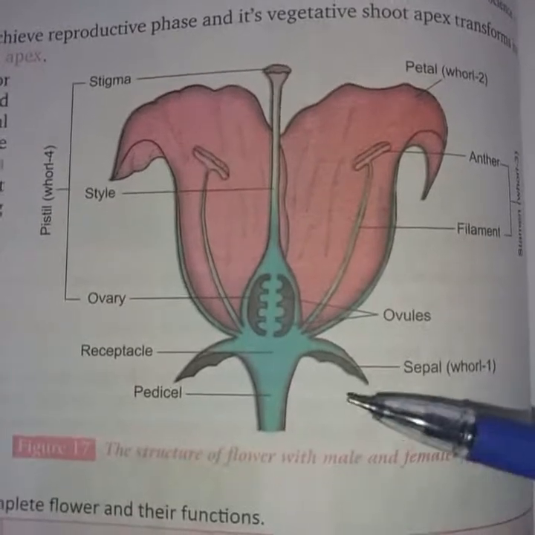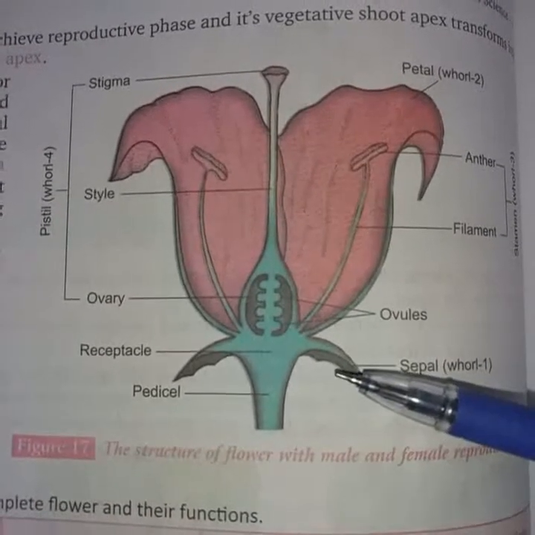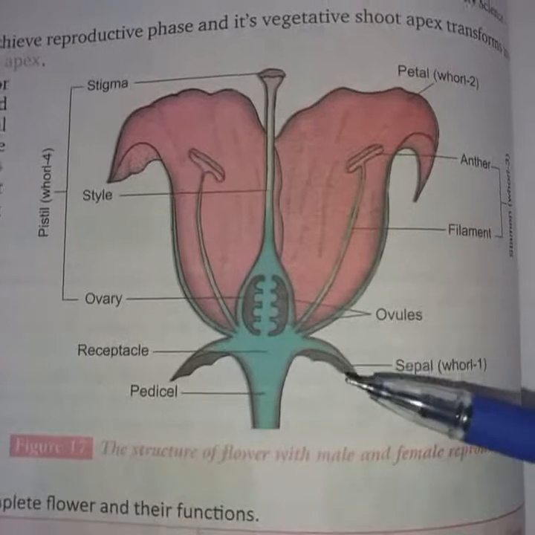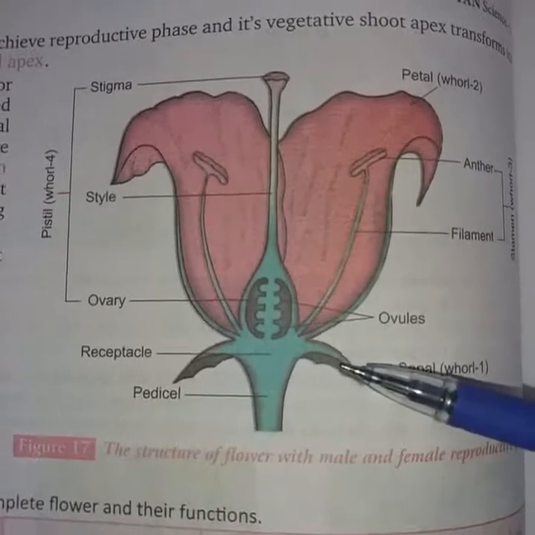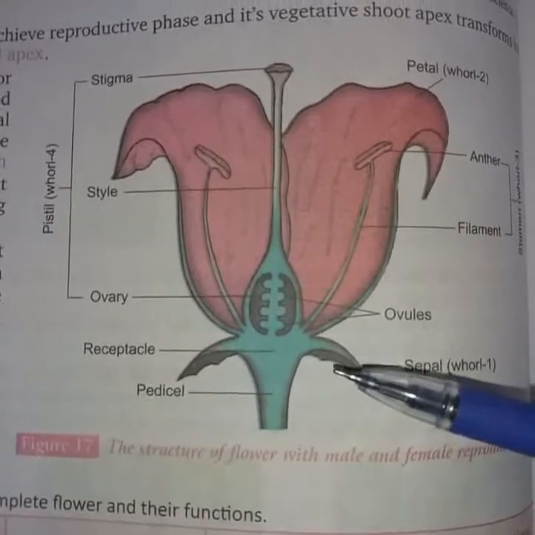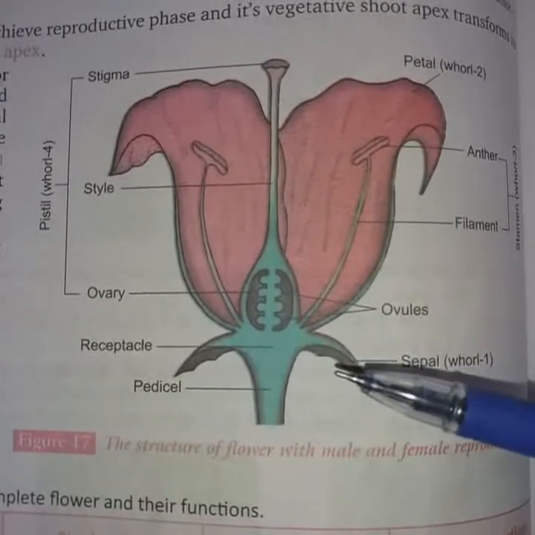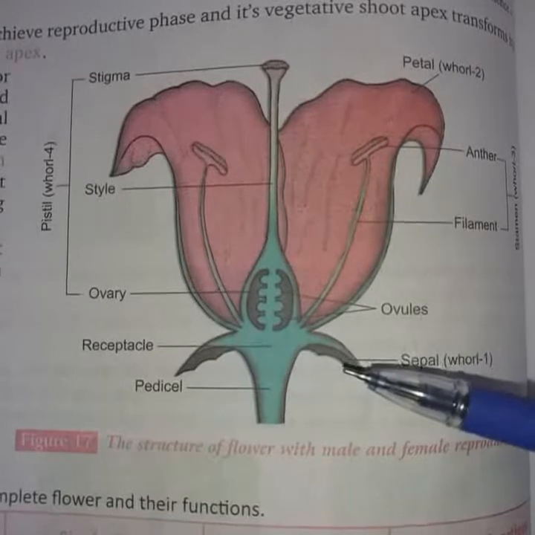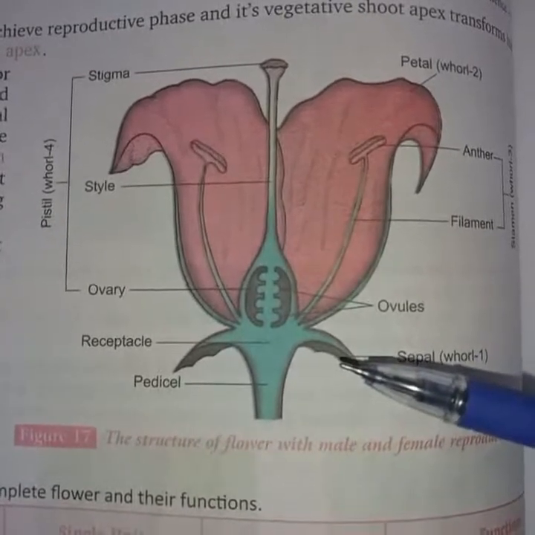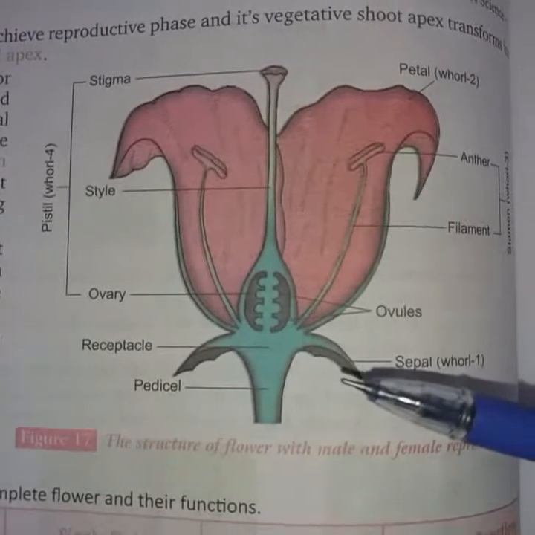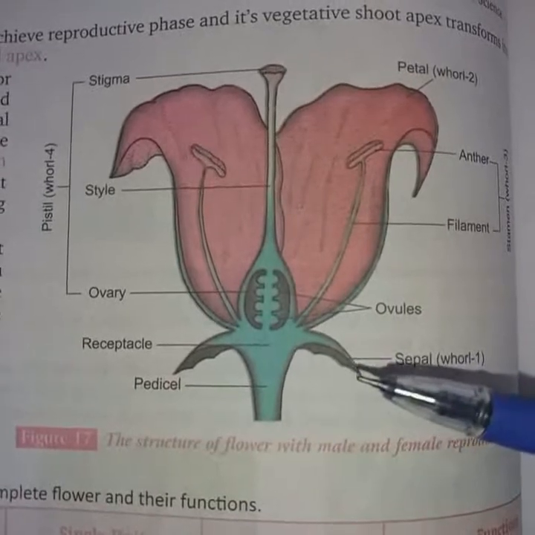Sepals are the first part of the plant's flower. They are green in color and contain chlorophyll. Sometimes they help in photosynthesis as a minor process.